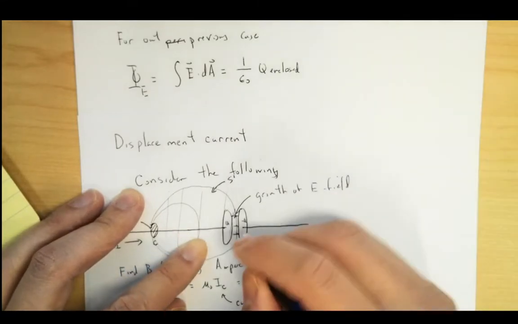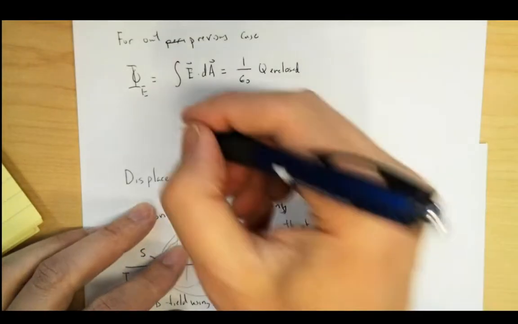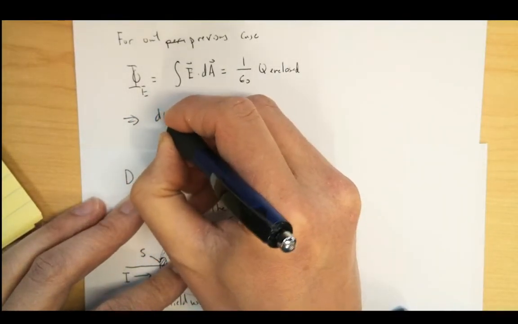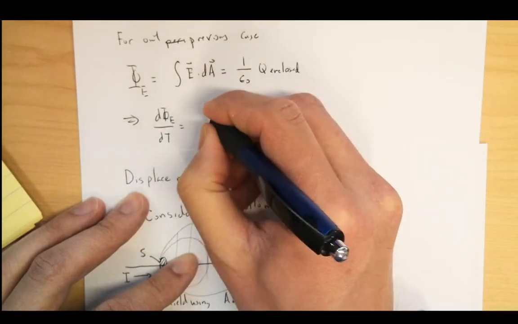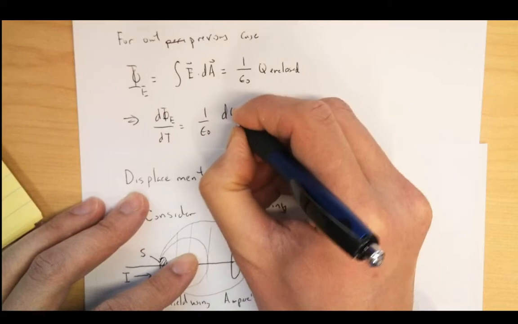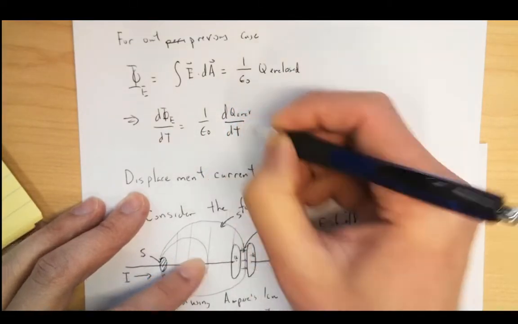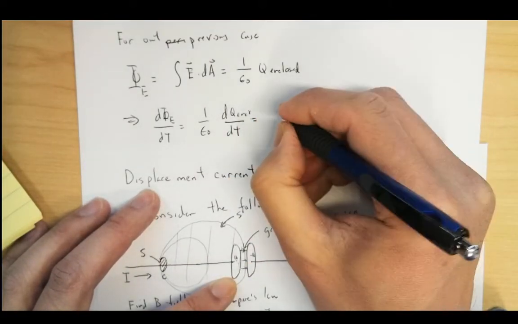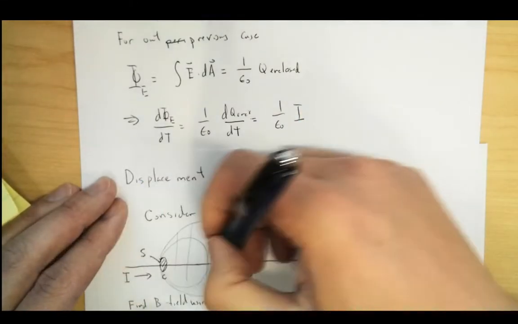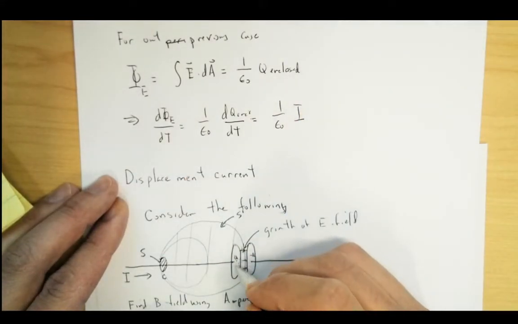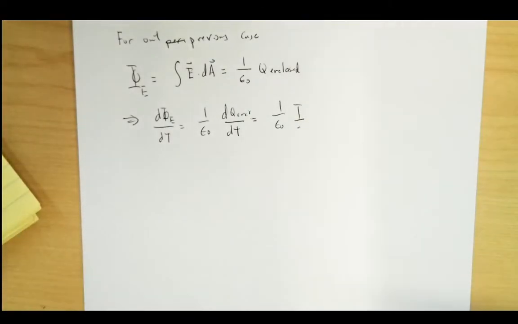And so what that means is that d phi E dt is equal to 1 over epsilon 0 dQ enclosed dt. This is just 1 over epsilon 0 times I, because I is the amount of current being pumped in. This thing is increasing as a function of time by how much? By I.